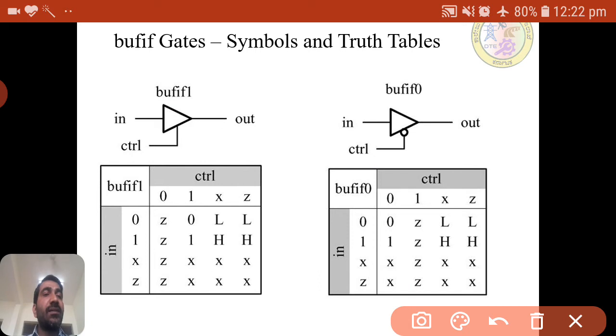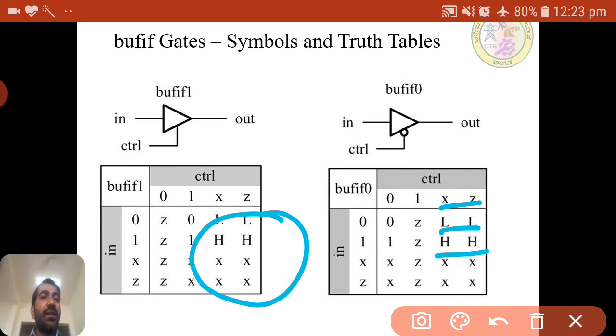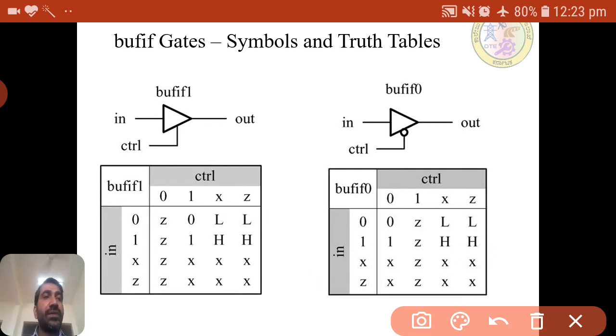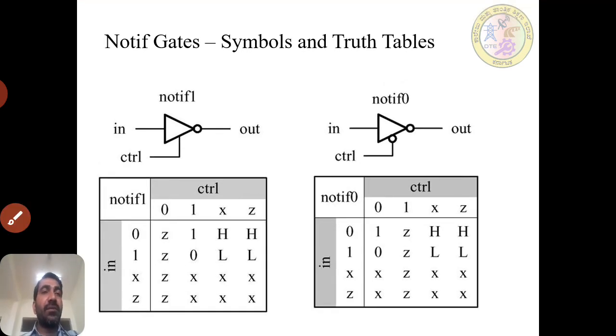In other cases, when the control is 1, that is inactive, the output is high impedance. And for X and Z it is similar to buff if 1, that is low and high strength levels, and unknown for X and Z inputs. Okay, so these are the truth tables for buff if 1 and buff if 0.